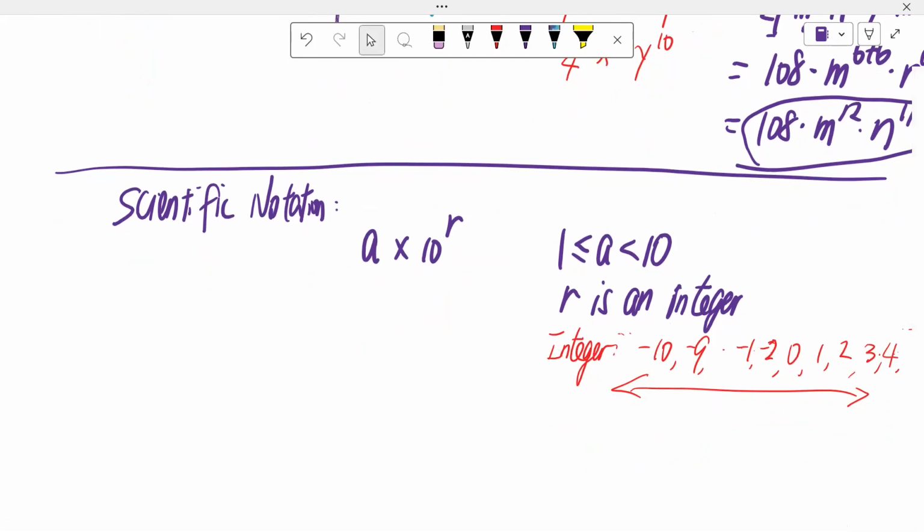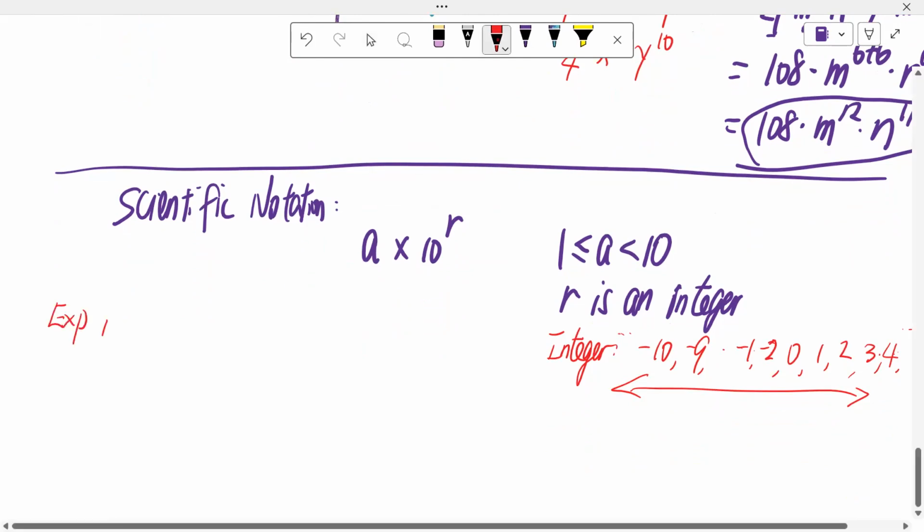Let's say in order to turn a large number, we want to write this very large number, 376,000, in scientific notation.